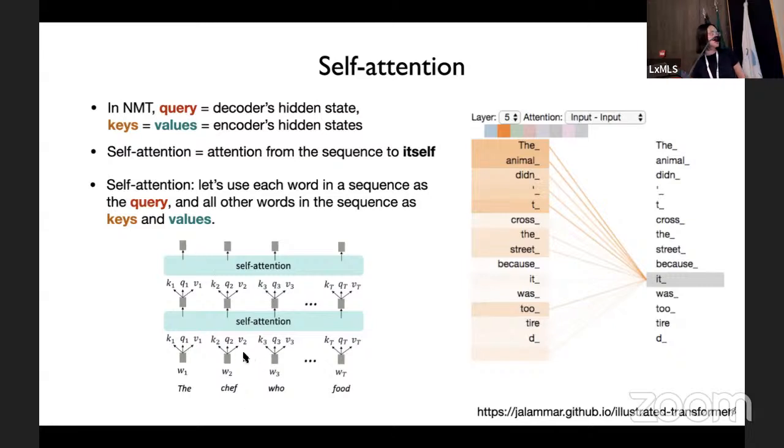As an example, the sentence is "a chef who ... food." For each of these words, you calculate a key vector, a query vector, and a value vector. You use each query vector corresponding to each word as a query, and all the other words as keys and values, and you calculate the similarity between all the other words and each single word in the sequence.